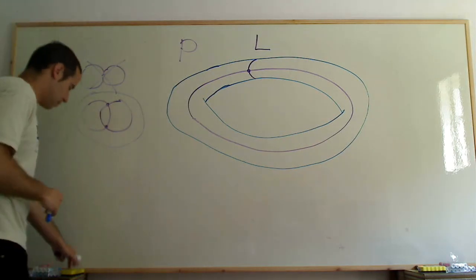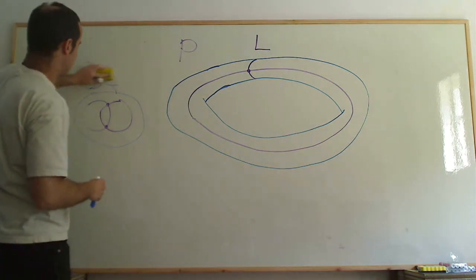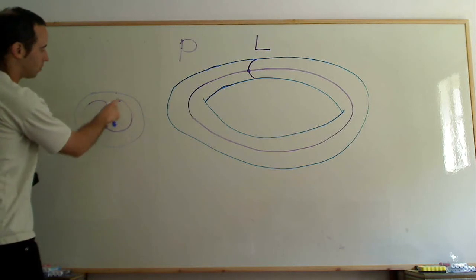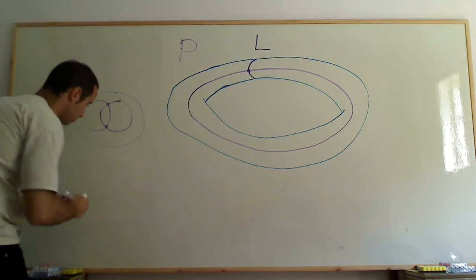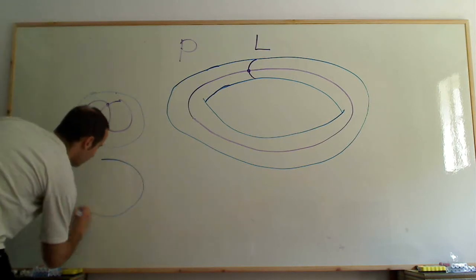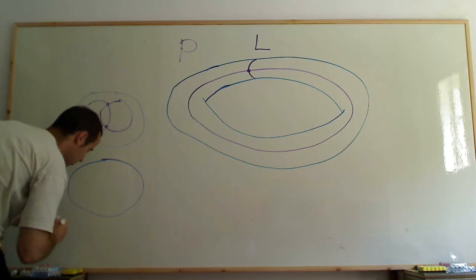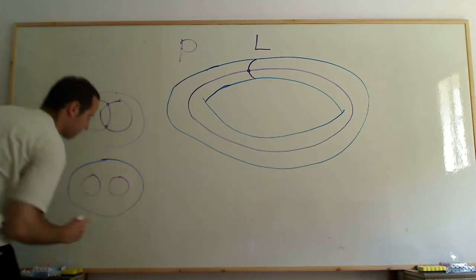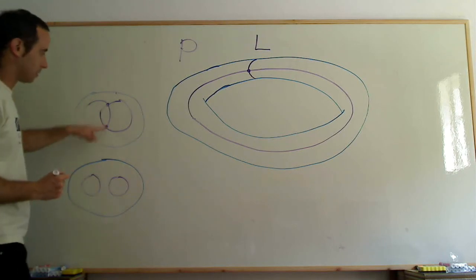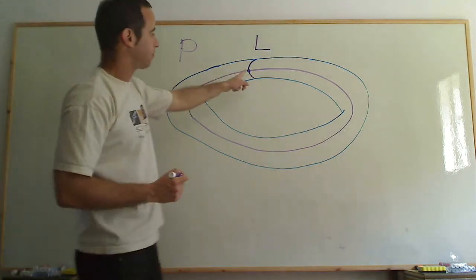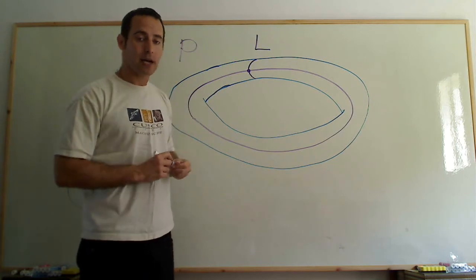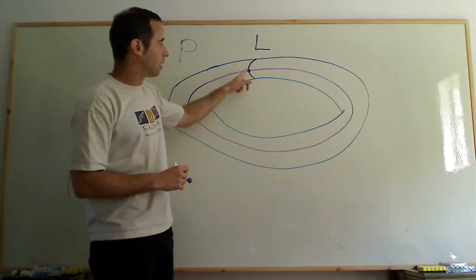So this doesn't exist. On a simply connected shape, we had either zero cutting or two cutting. Now we have a possibility of two closed curves that touch each other in one point.